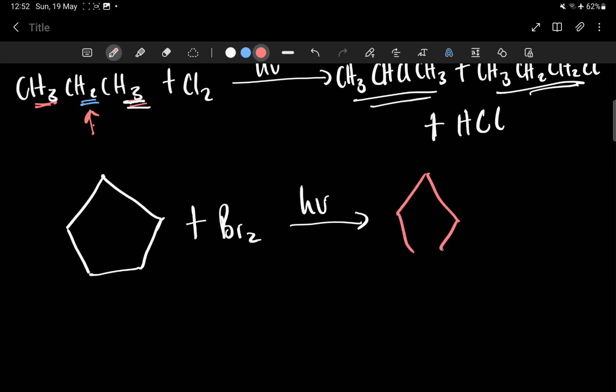Here is my cyclopentane, and now here we will have a bromine, with HBr as a byproduct. One of the bromines that remains combines with the hydrogen that has been removed. How many types of products can we make? Look at the hydrogens. We only have 1 type of hydrogen. For any cycloalkane, it can only make 1 type of product, which is this one. So we are done. This is the only product because there's only 1 type of hydrogen in a cycloalkane.